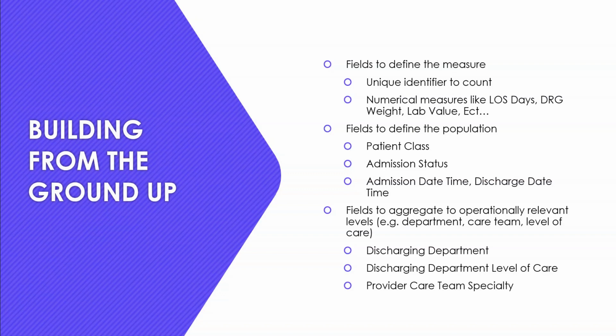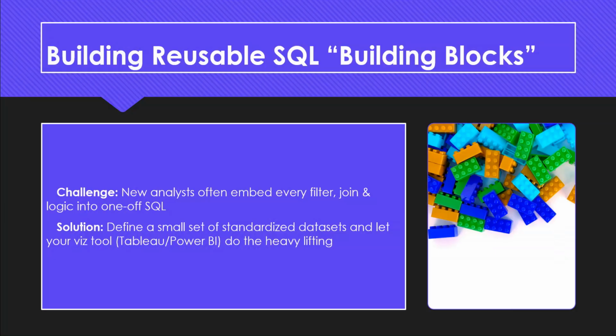Things like dates, admission date and time, discharge date and time. And finally, that third category, the fields to aggregate to operationally relevant levels, are going to be the things like departments or care teams or level of care that we group in order to describe our population in different manners.